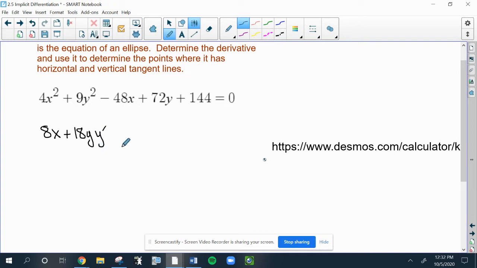So that's just y prime. Minus the derivative of 48x is 48. And the derivative of 72y is 72 times the derivative of y. Again, since this is with respect to x, we don't really, quote unquote, know that derivative. Plus the derivative of 144 is 0.